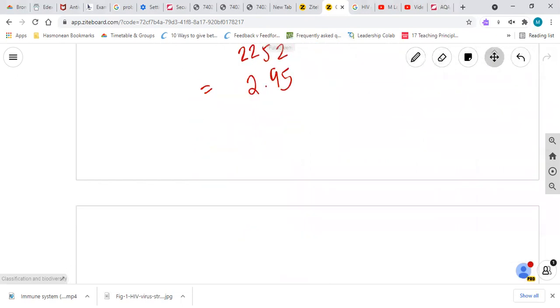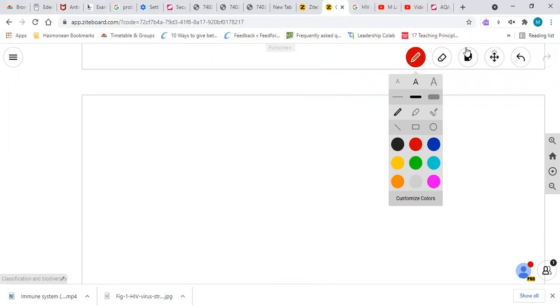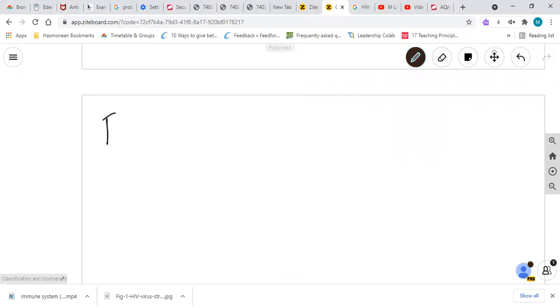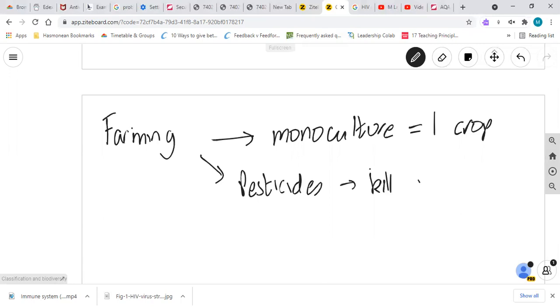So what affects biodiversity? Well, what affects biodiversity the most are things like farming. Okay, so for example, if you have farming, you might have something which we call a monoculture, which is one crop. If you use pesticides, you're going to kill animal species.